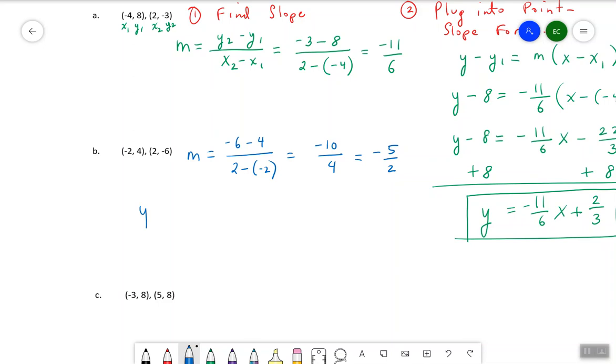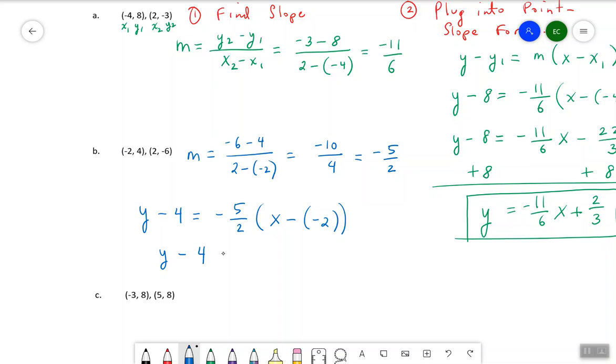And then when we plug into point slope form, we get y minus y1, which is 4, is equal to the slope, negative 5 halves, times x minus x1, which is negative 2. There's our equation. We just need to simplify a little bit.